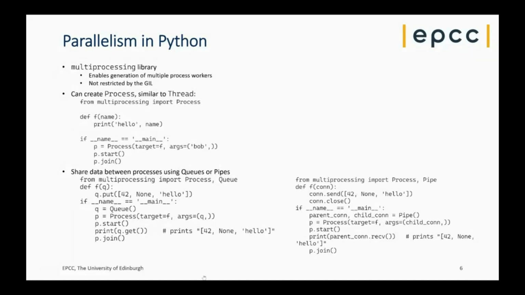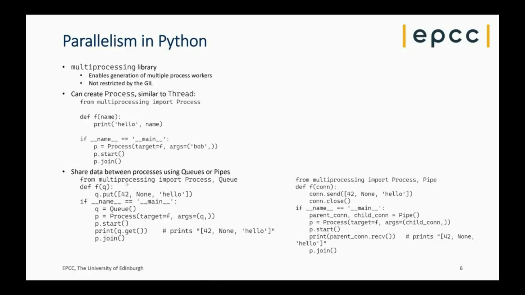In this multiprocessing approach, each process would have its own version of memory with its own data in it, and they work on it separately. And if you need to share data between them, then you have to use these queues or pipes, where you explicitly send the data down the queue or the pipe.